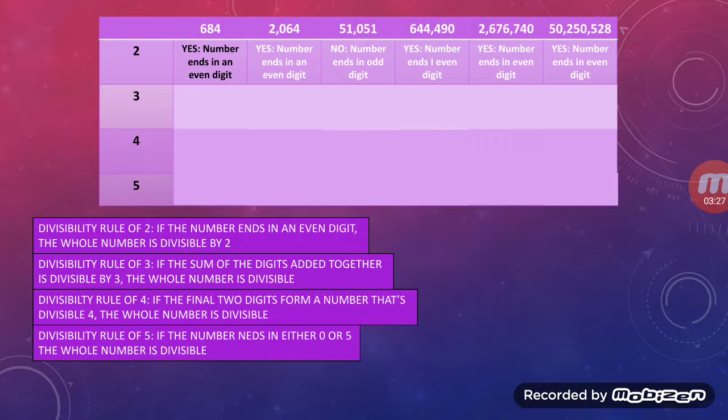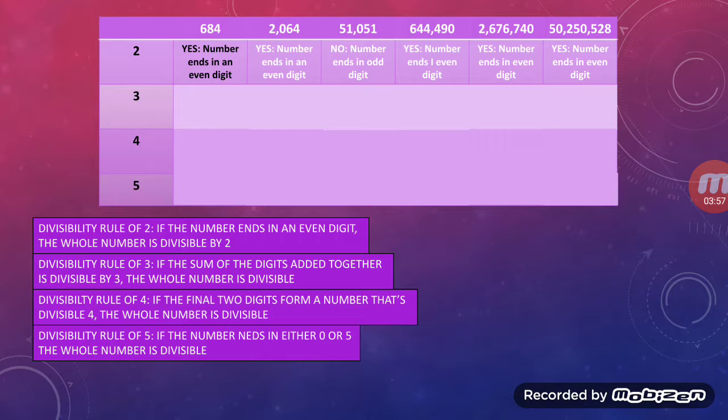Now, going to the next rule, we see the divisibility rule of 3. If the sum of the digits added together is divisible by 3, the whole number is divisible. So what you'll want to do for these numbers is to add the digits of the numbers together. So 6 plus 8 plus 4, 2 plus 0 plus 6 plus 4, 5 plus 1 plus 0 plus 5 plus 1, and so on and so forth until you receive your answers.